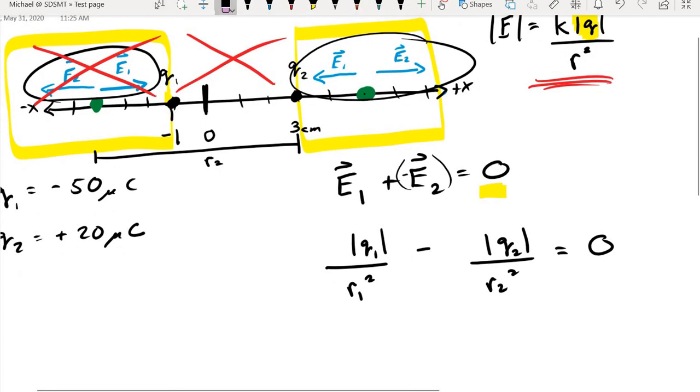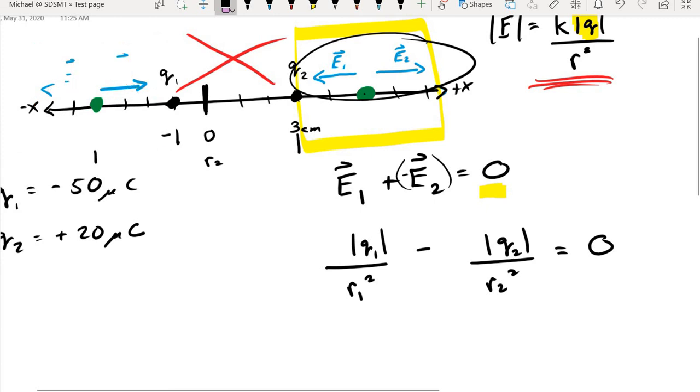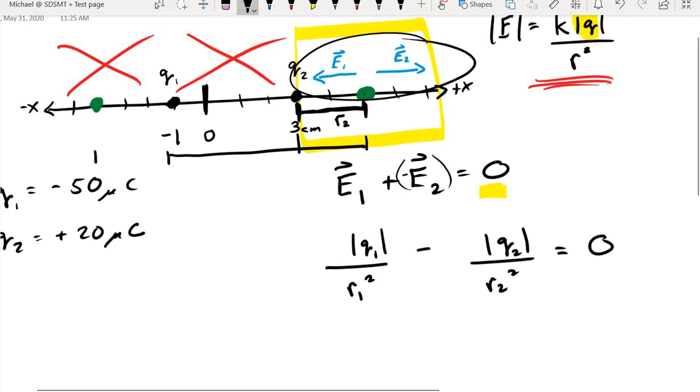Now that we're to the right of charge 2, so we're not going to consider anything over in those areas, I can say that the distance between Q2 and where I want to measure things, that's R2. And the distance between Q1 and where I'm trying to measure, that's R1.